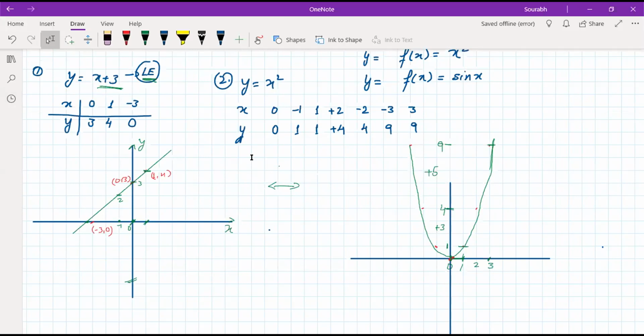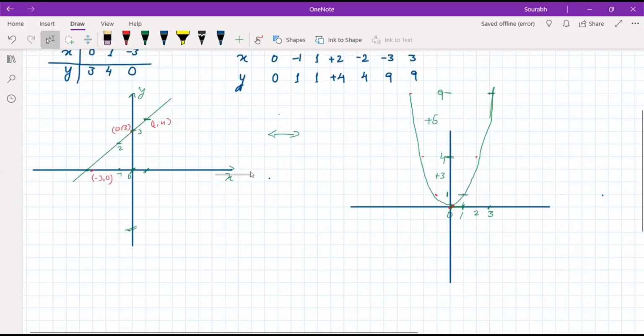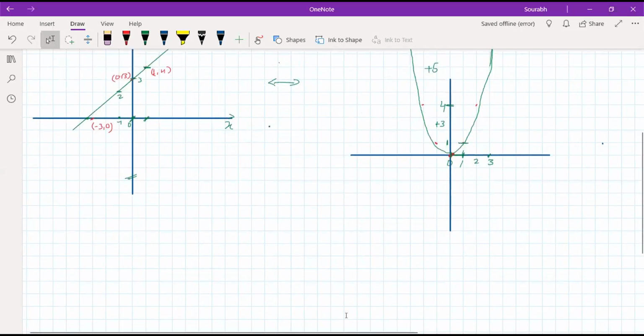For example, x may represent time, y may represent distance, right? This x-axis may represent time, and the y-axis may represent distance. X may represent time, y may represent velocity or speed. X may represent time, y may represent force. So that way we can plot the change or the relation between two physical quantities as well.